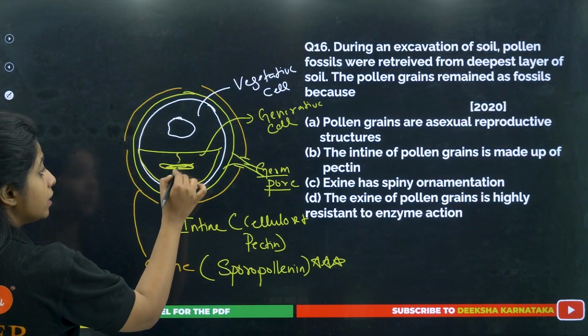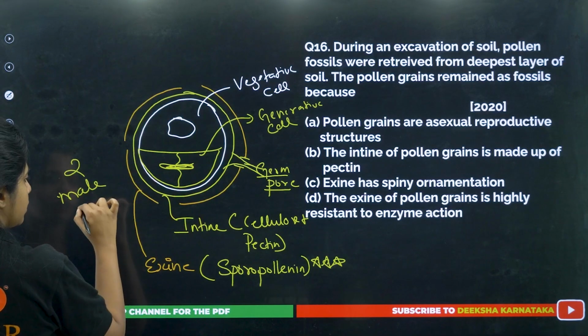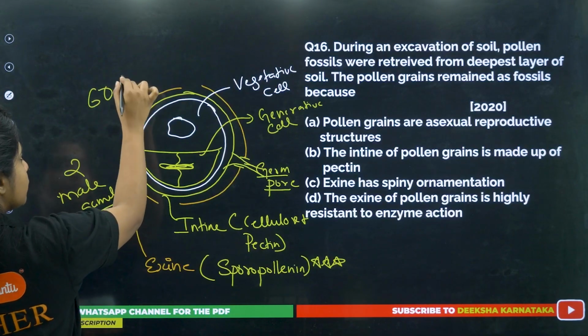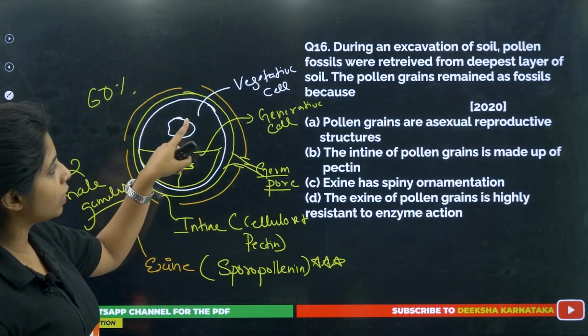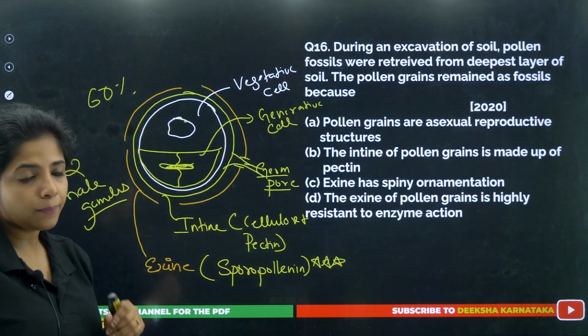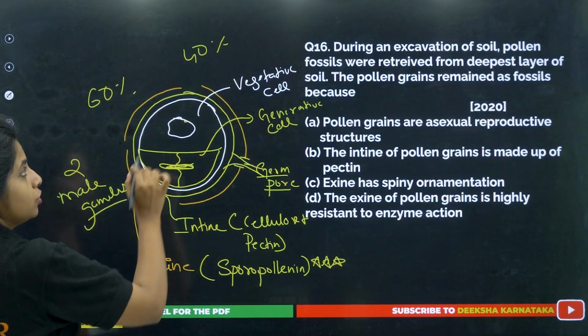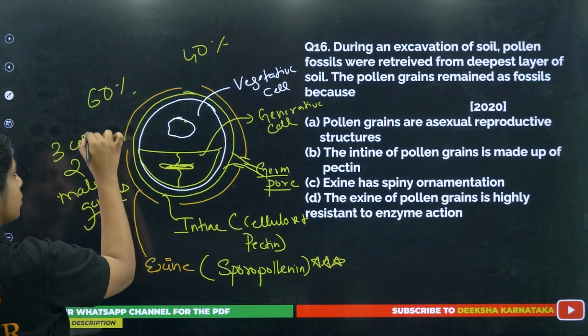This generative cell later undergoes division to give rise to two male gametes. So in 60% of the flowering plants, angiosperms, the pollen grains are released with one vegetative and one generative cell. Later on when it reaches there, it will divide. And the rest 40% will already divide themselves, and hence will be in a 3-celled condition.